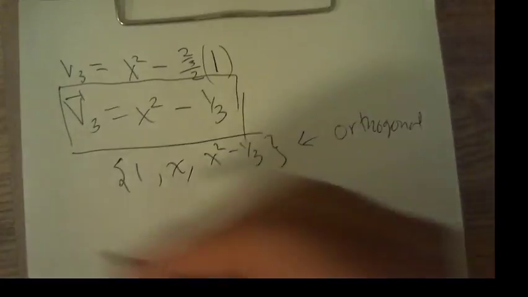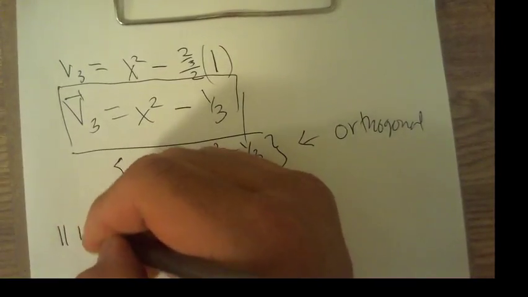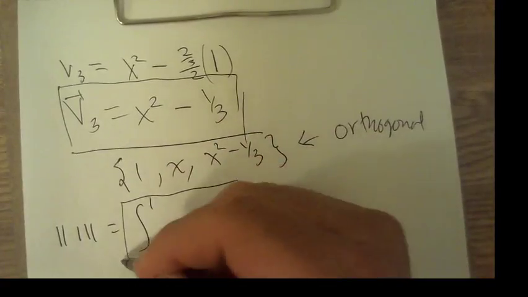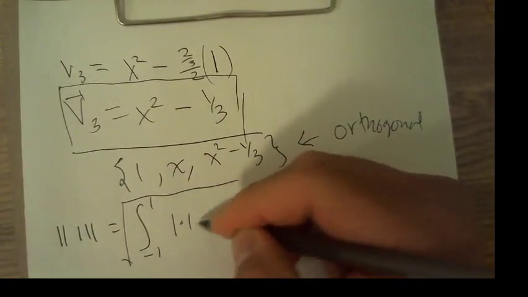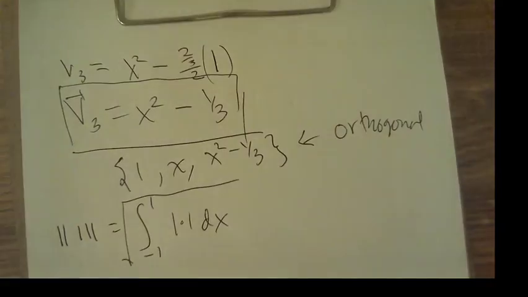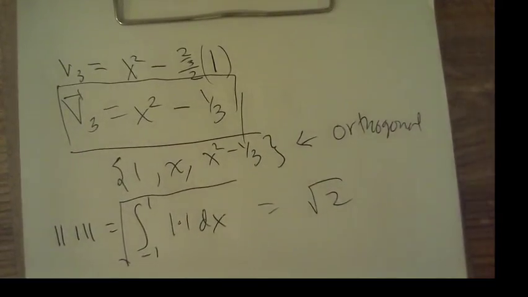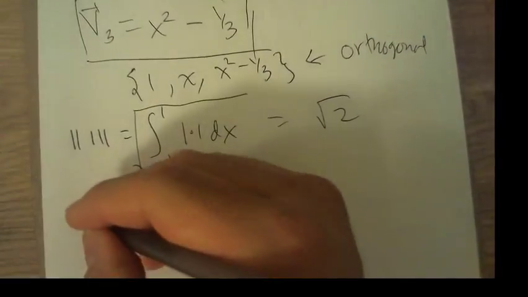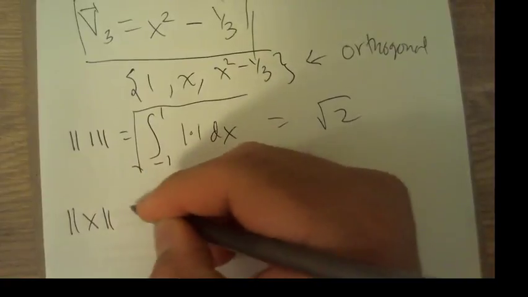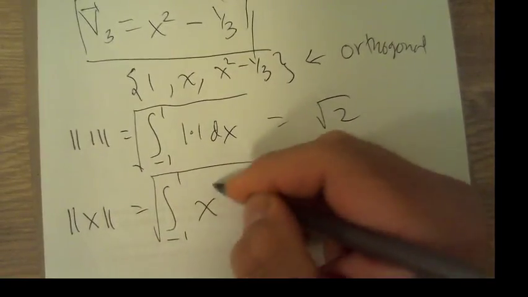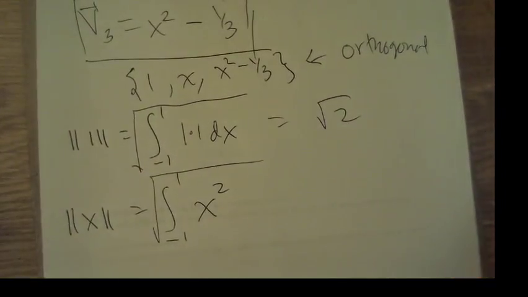And to normalize it, we'll do that, and that should give me √2. Okay, and then the other one, the norm of x, we get the integral of x squared.